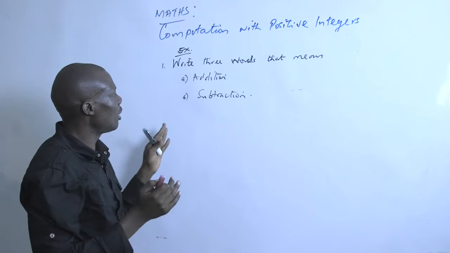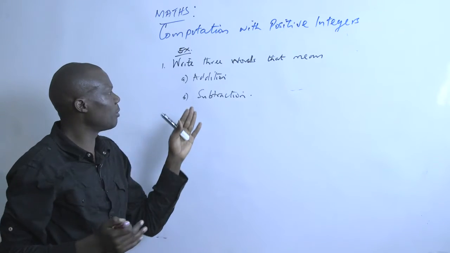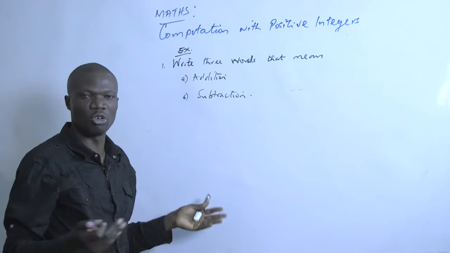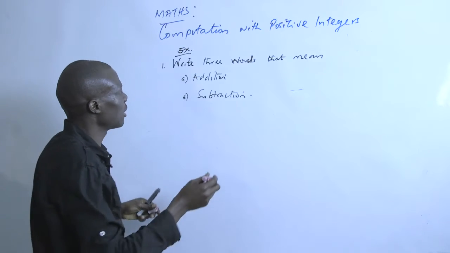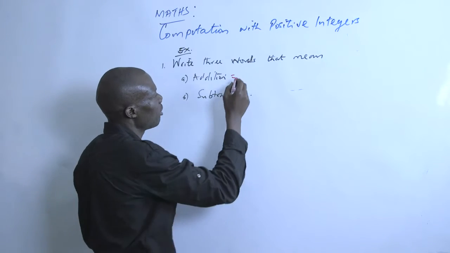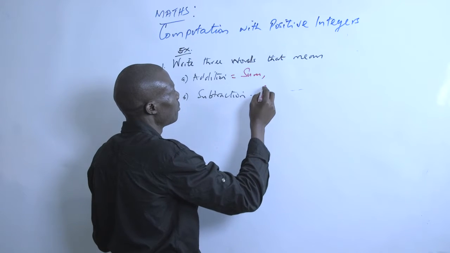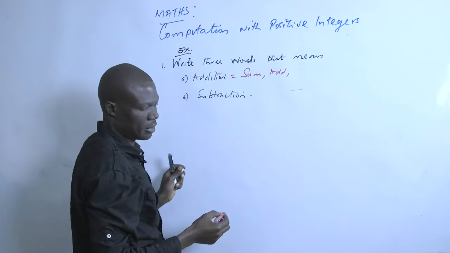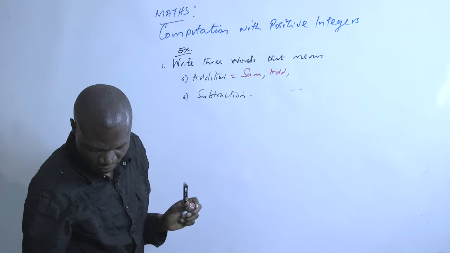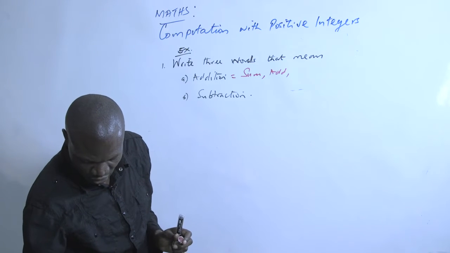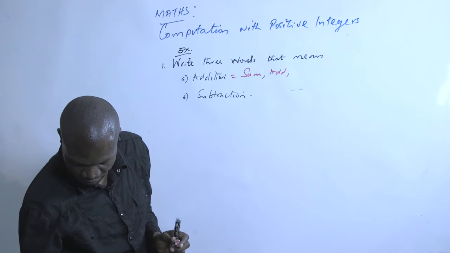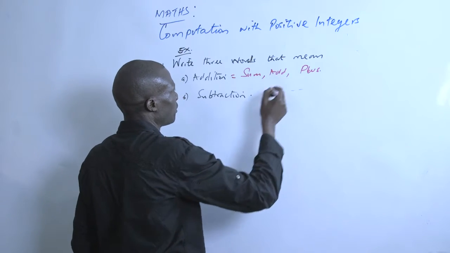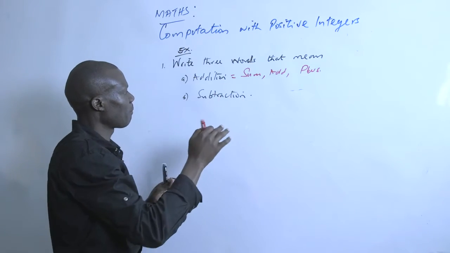When we introduced our topic, we looked at the process of addition as simply the process of finding the total value of 2 or more numbers, and other words that can be used to mean addition are words like sum, add, and the third one, we call it a plus. So these are the 3 words which mean addition.